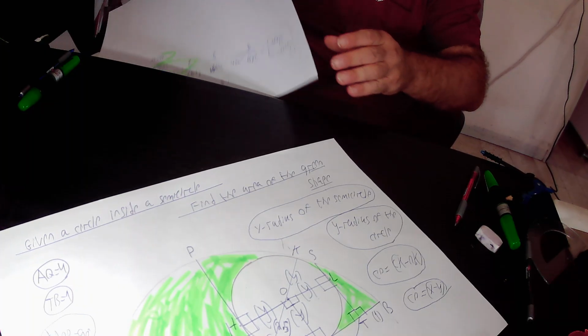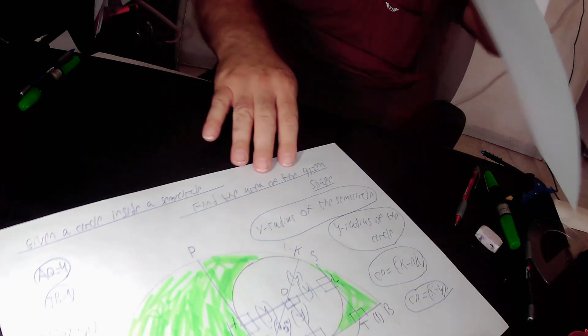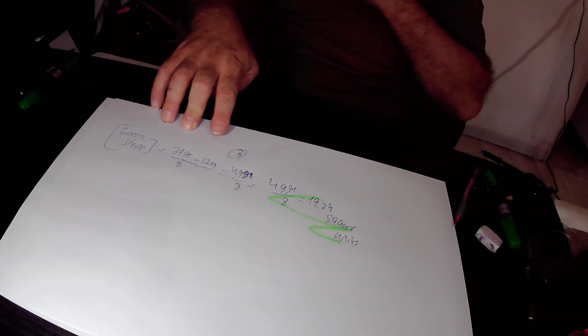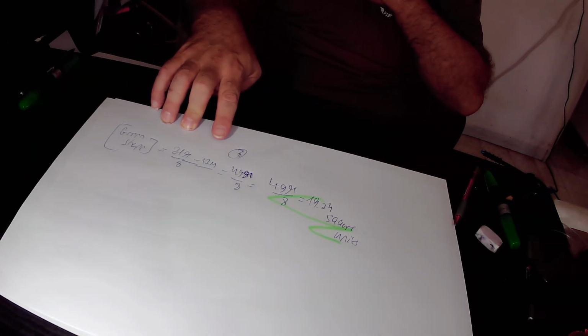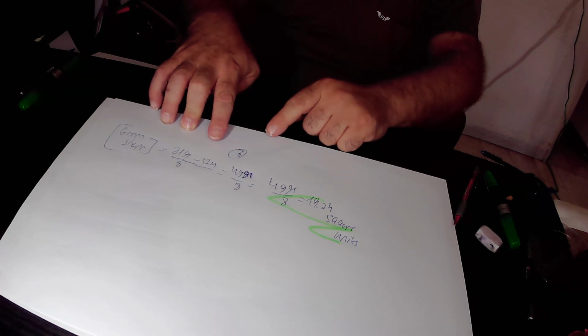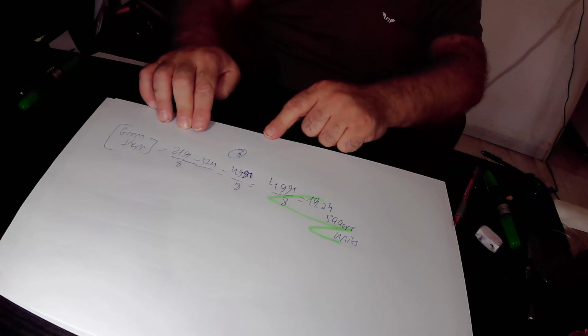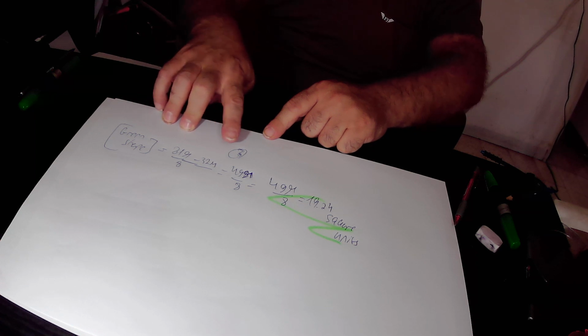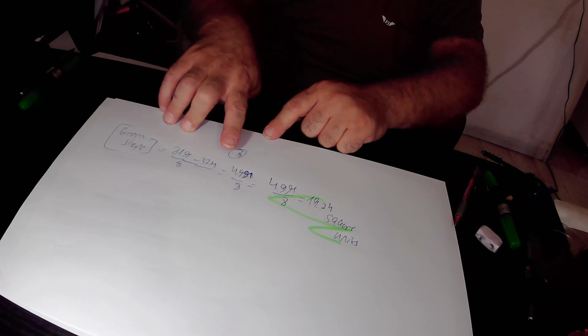And finally we found out that minus 4 pi times 8 is minus 32 pi, so in total in the numerator we have 81 pi minus 32 pi, that is 49 pi over 8.